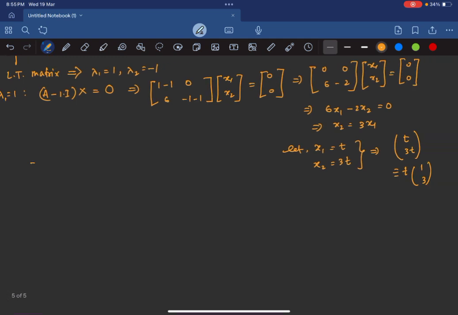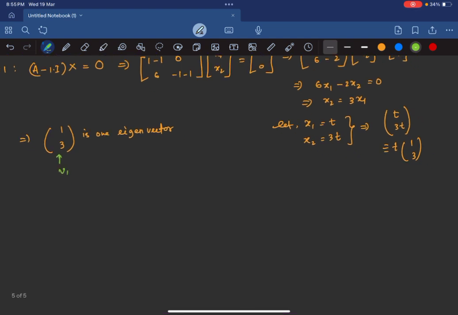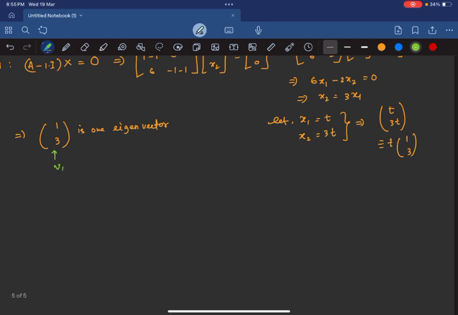So here it is clearly visible that (1, 3) is one eigenvector corresponding to lambda equals 1. Say this is v1, as per our notation.